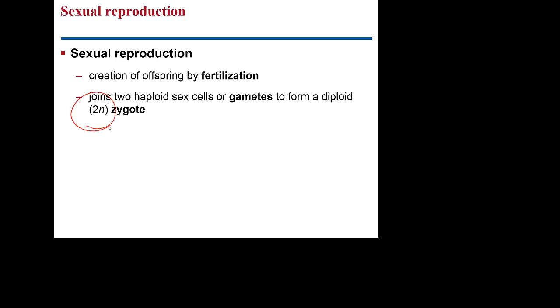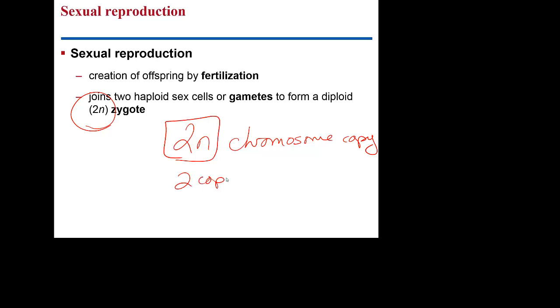Remember, 2N refers to chromosome copy. So this means that you have two copies of each chromosome. 2N for humans equals 46, meaning you have 23 pairs of chromosomes. We'll discuss this more in genetics.